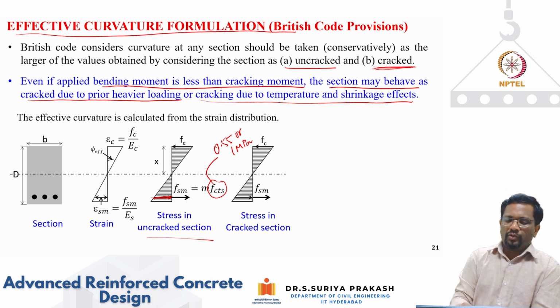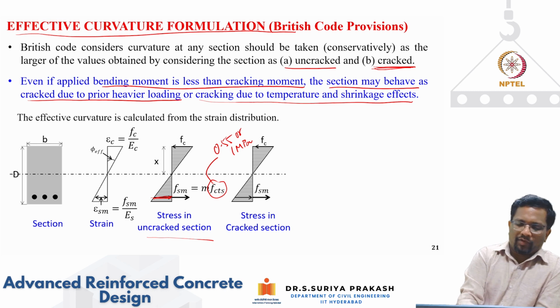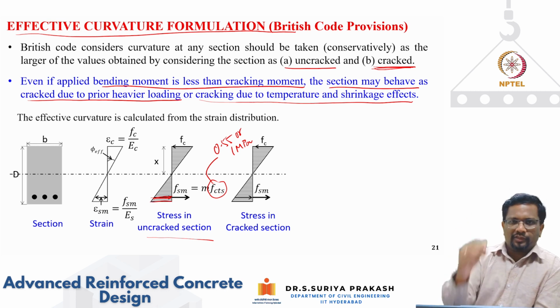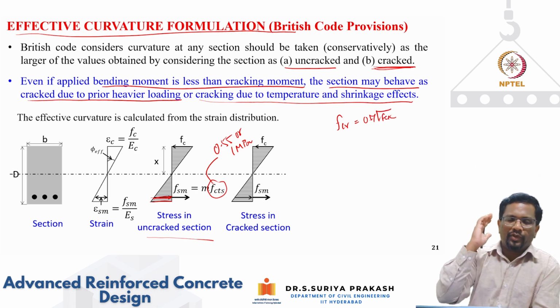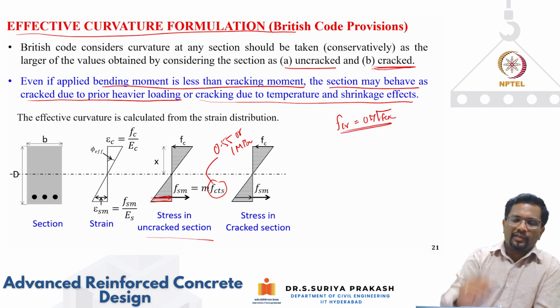Though the section may be uncracked, ideally the bottommost stress would reach fcr, which is 0.7 square root of fck, before it cracks. However, the code is not allowing you to do the analysis at that stress. It is going to take the stress at the level of steel. For example, for 40 megapascal fck, what is fcr?